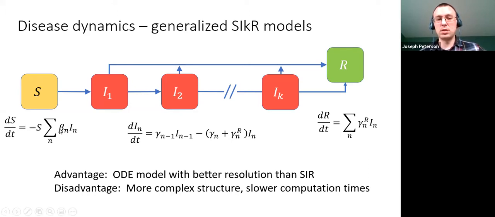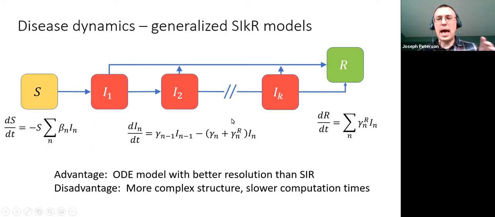So these betas now represent the rate constant for transmitting the disease in each of these compartments. You can tune those betas so that in the early stages it's low, and then in middle stages it rises, and then in later stages it falls again.